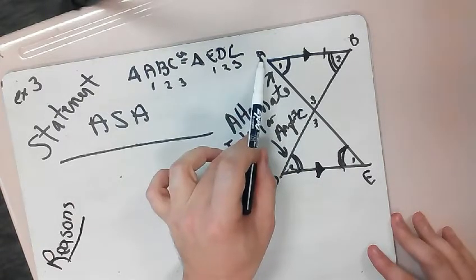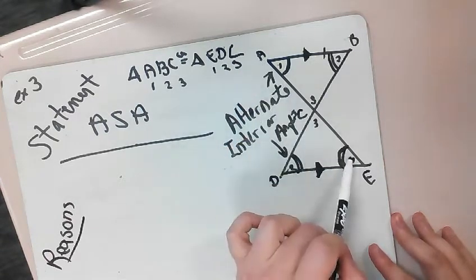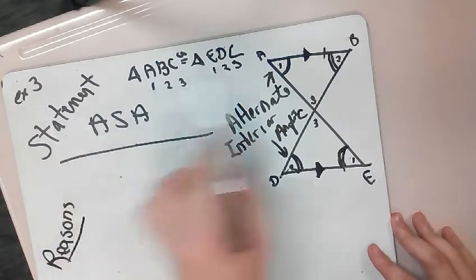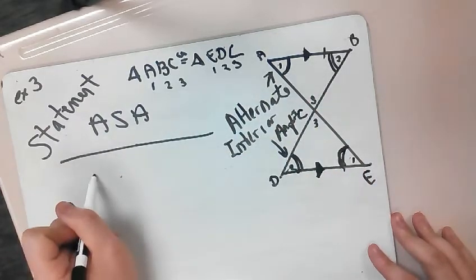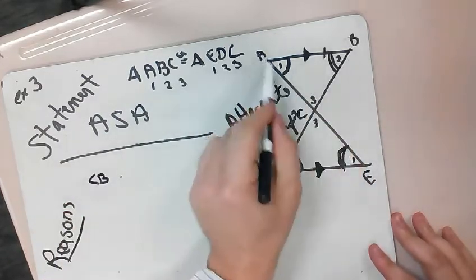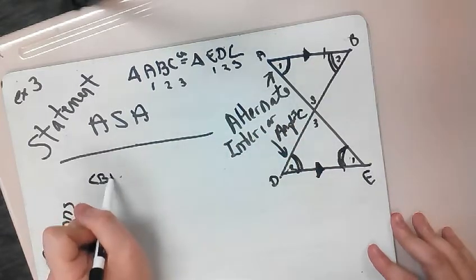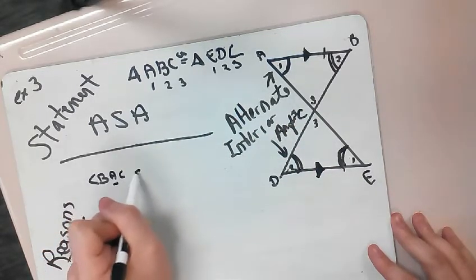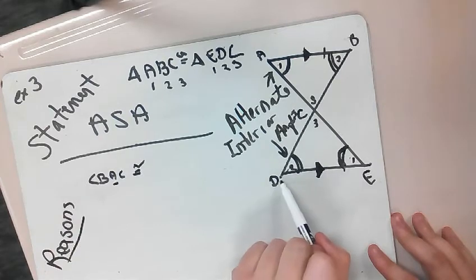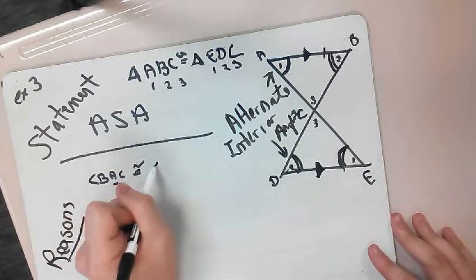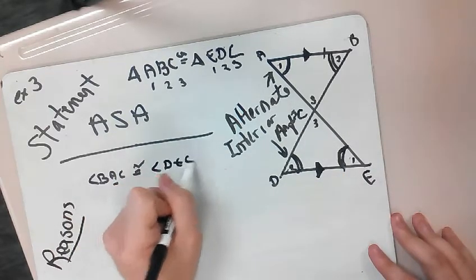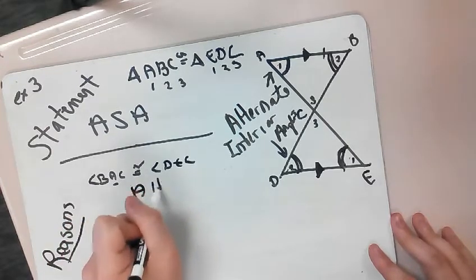So I know that angle A is congruent to angle E. I'm going to use the letters, so angle BAC is congruent to angle DEC. And we know that is because these are alternate interior angles.